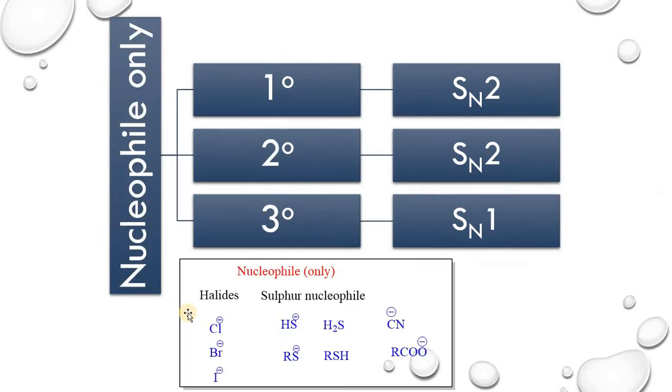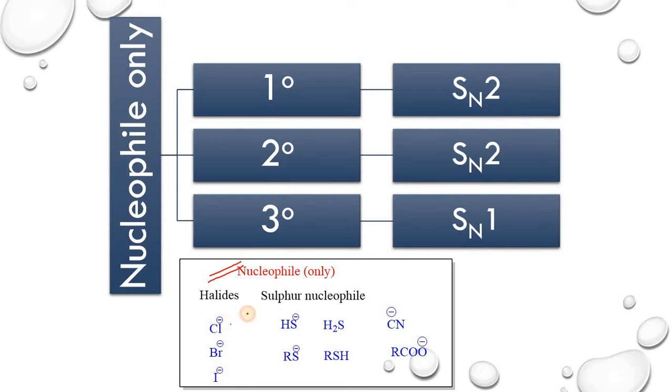Let us take different nucleophiles, different bases. If you take the chemical species which are acting as only nucleophiles, it means they can attack on reaction center, that is carbon. They cannot attack on proton. They cannot abstract proton.